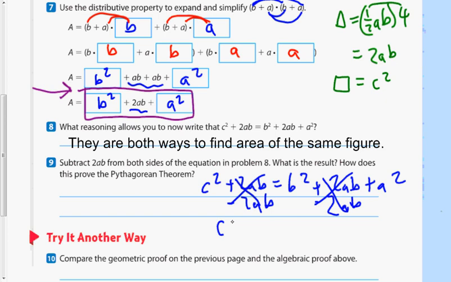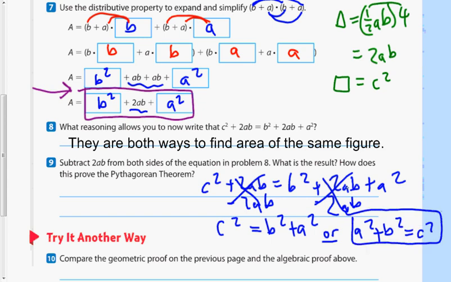And what's left over is C squared equals B squared plus A squared. Or if I rewrite it, just rearrange it, you get A squared plus B squared equals C squared. So that's algebraic. That's kind of a long way to do it, but it also shows another way to prove that A squared plus B squared equals C squared when we're dealing with things like right triangles.